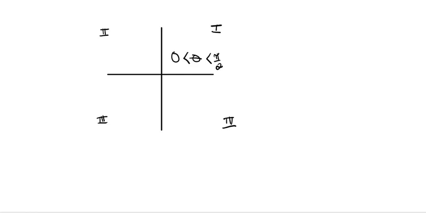The angles that lie in quadrant 2 go from pi over 2, not including pi over 2 because that is on the y-axis, the positive part of the y-axis. But it goes from pi over 2 to pi.